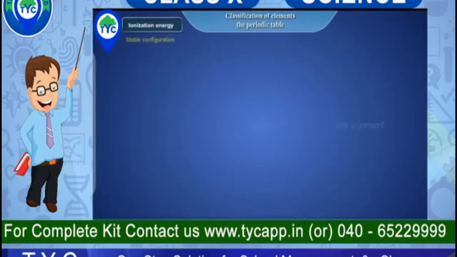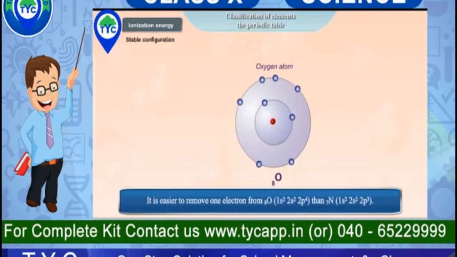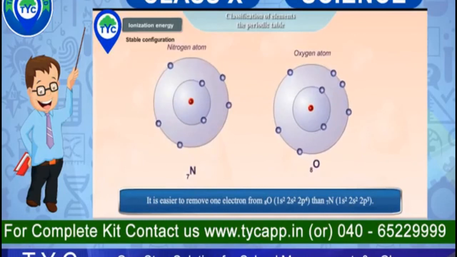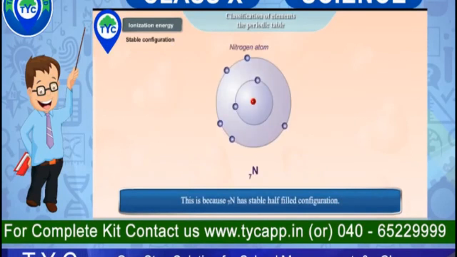Stable configuration. It is easier to remove one electron from 8O, that is 1s2, 2s2, 2p4, than 7N, that is 1s2, 2s2, 2p3. This is because 7N has a stable half-filled configuration.